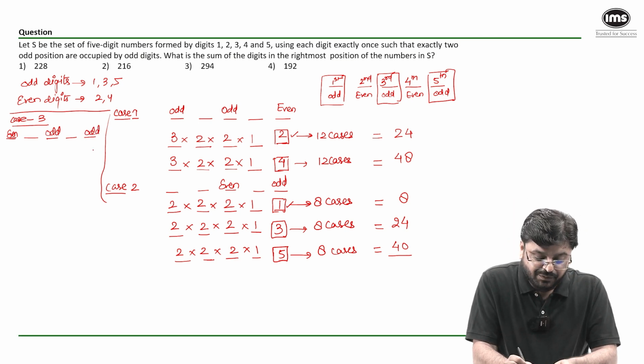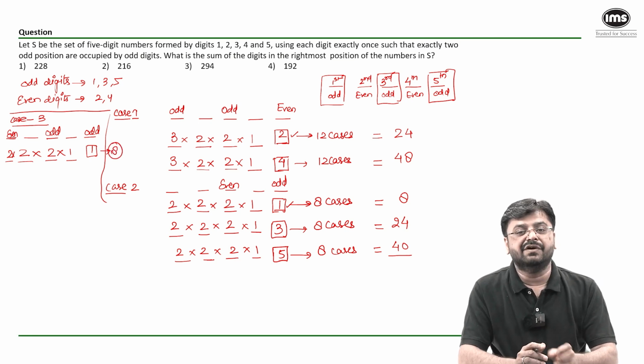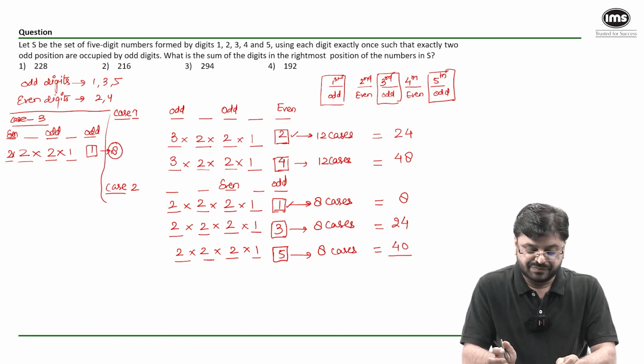Again, if you put 1 here, then you'll be filling this place in 2 ways. You can fill this place in 2 ways. For the other places, there is no restriction, so you can fill it in 2 into 1 ways. Which means for 8 cases, 1 will be here at the unit place.